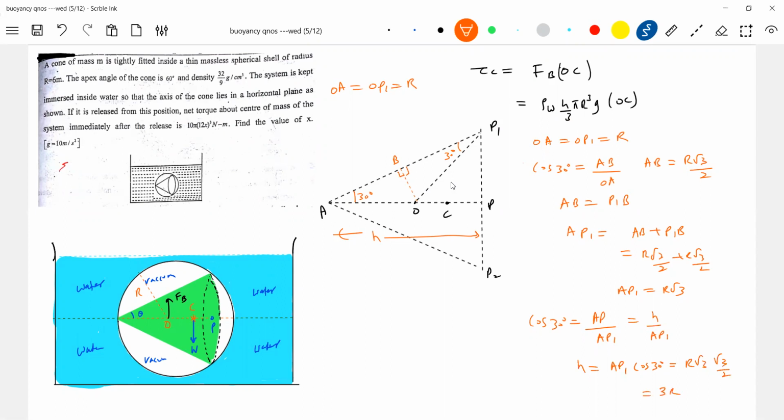So the height of the cone is 3R by 2. If you know the height of the cone, can we now calculate the distance PC? PC will be H by 4, no?